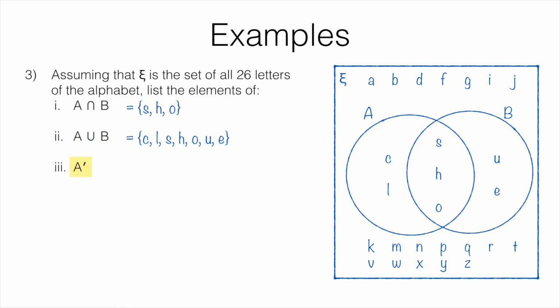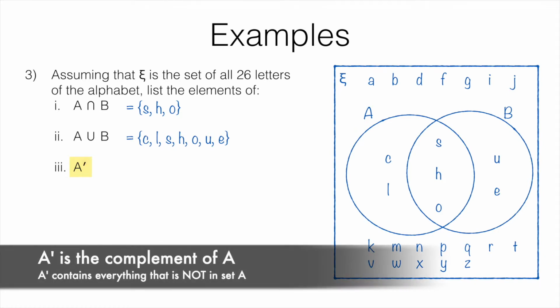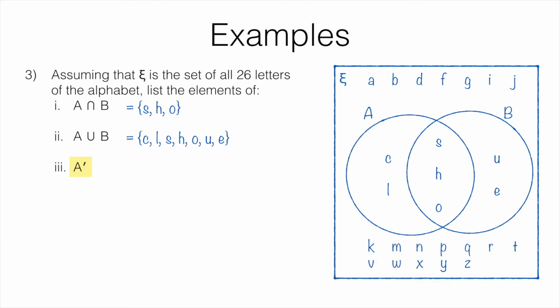For part 3, we've got a new bit of notation. We've got a little dash here. Now what this is asking for is the complement of A, and this simply means not A. So the complement of A is the set of all the elements that are not in set A. So if I highlight the Venn diagram to show all of the elements that are not in set A, you will find we have this set here.